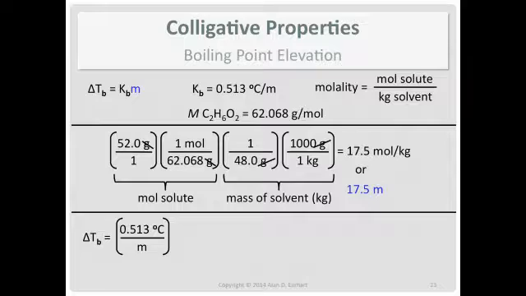Because of the way I wrote the units, degree C per molal, I'm going to go ahead and use the 17.5 lowercase m for units. And then that's our delta T. Do our unit check. Good. We end up with 8.98 degrees Celsius.